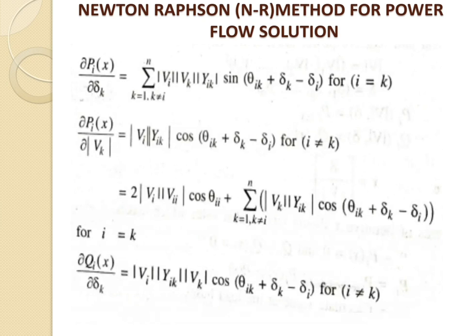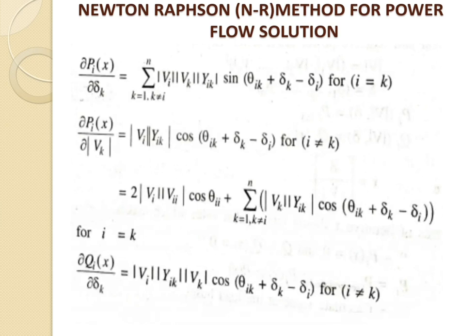del Pi of x divided by del delta k is equal to the summation of k equal to 1 to n, where k is not equal to i, Vi magnitude Vk Yik sin of theta ik plus delta k minus delta i, for i not equal to k. In the same way we will write the equation in terms of voltage.